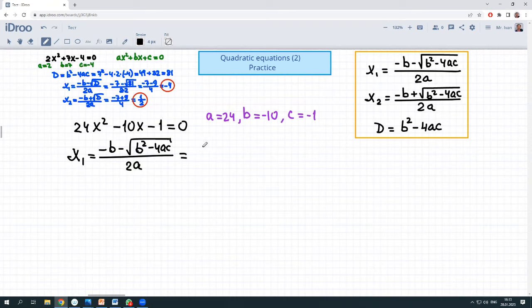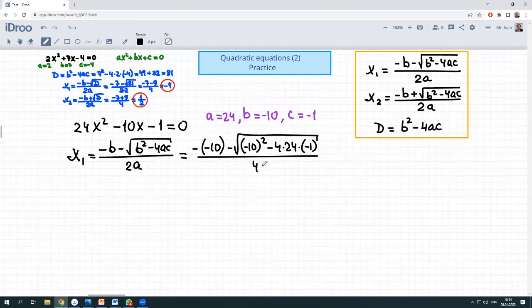And it would be now -10. Please be careful about those negatives, okay? Minus b squared, -10 squared. Anyway, it's the same as 10 squared, but I would write it as it is. Minus 4 times 24 times -1, divided by 48, 2 times 24.